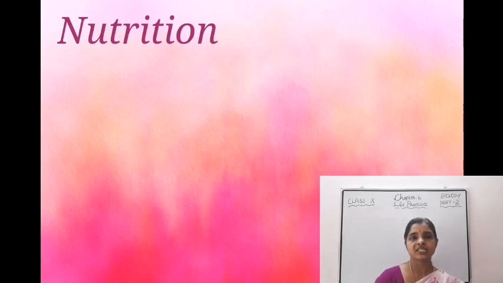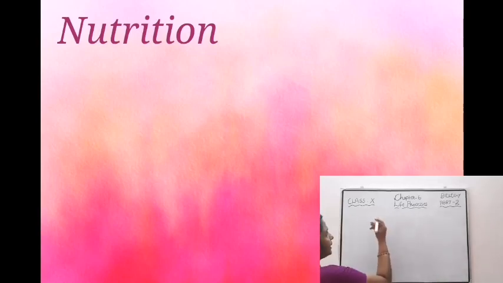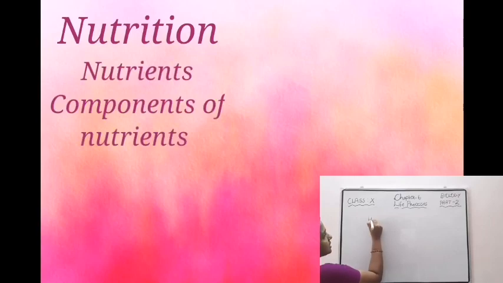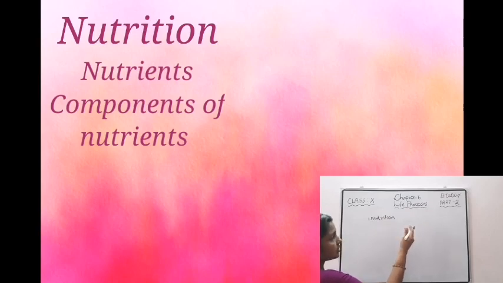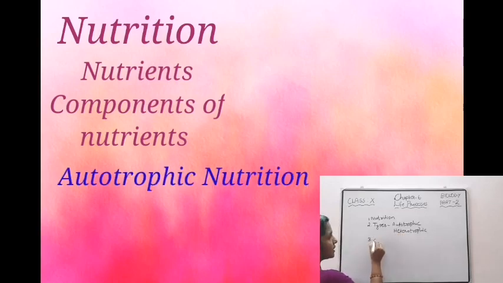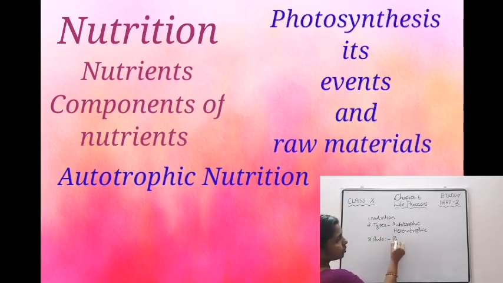Now we can summarize the topics that we discussed today. First we discussed what nutrition is, and in that we studied the nutrients and the components of food. Then we studied autotrophic nutrition, and in that we studied photosynthesis and the events in photosynthesis.